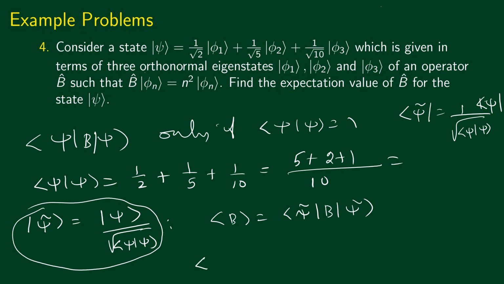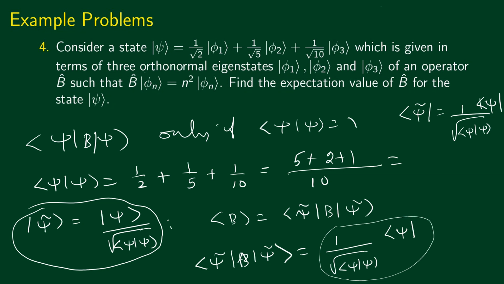So bra psi tilde B ket psi tilde is equal to 1 by the square root of bra psi ket psi, times bra psi, which is the normalized bra, then the operator B, and instead of ket psi tilde we write ket psi divided by the square root of bra psi ket psi.